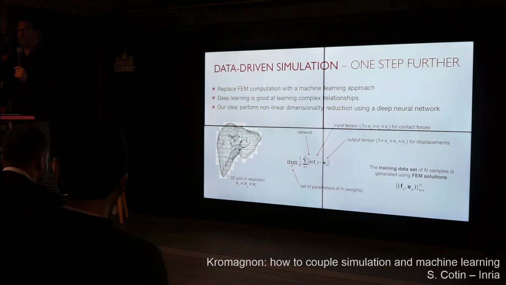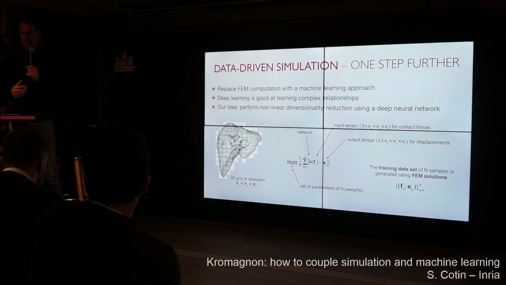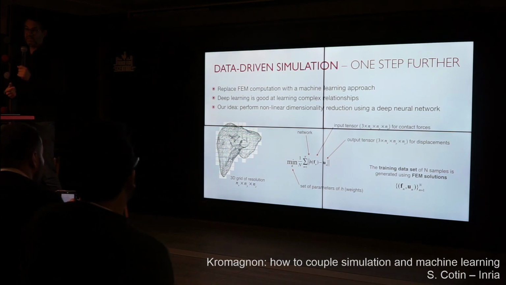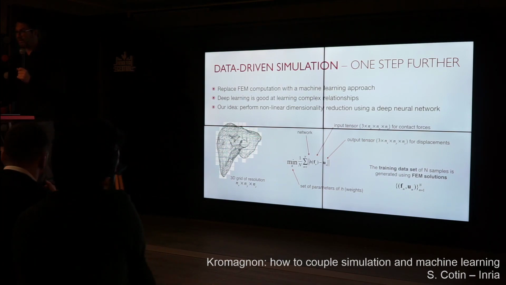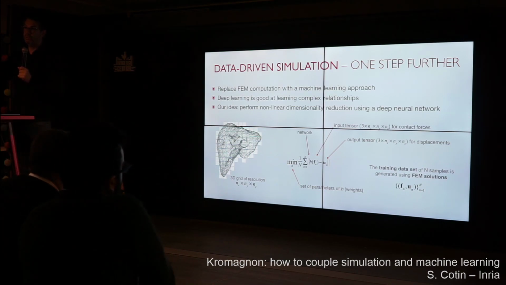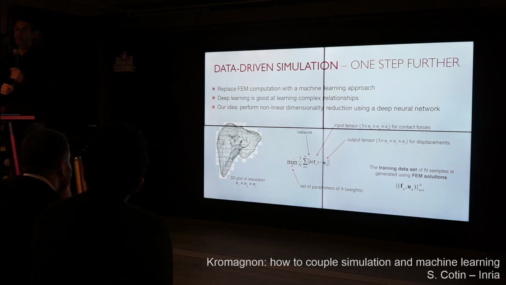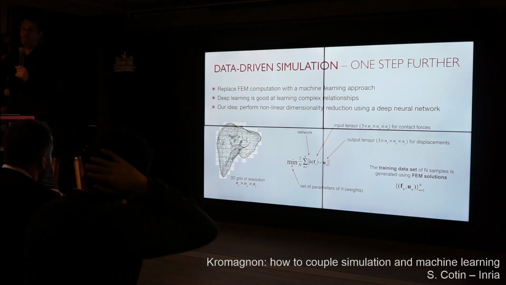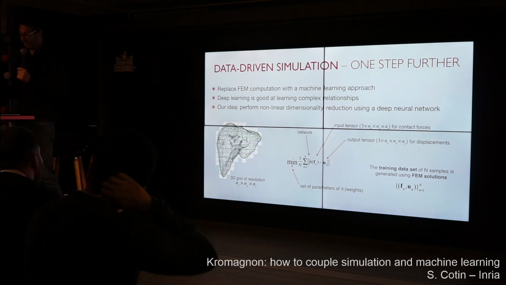So what we've done is we have developed a plugin where we can train a neural network. In our case, it's a particular network which is a UNet, to learn the relationship between some input to an object, which could be either a force or a constraint, a displacement, and its output, which is a displacement field.